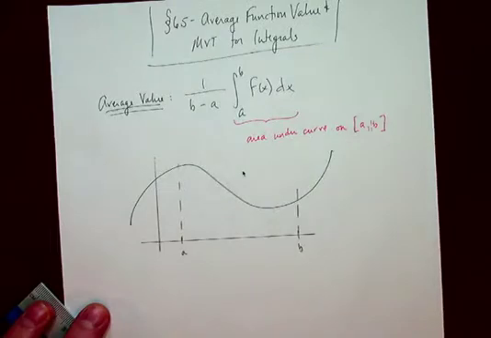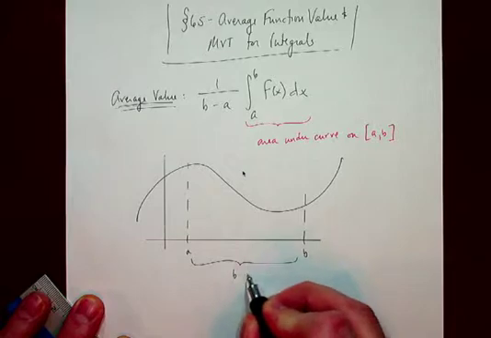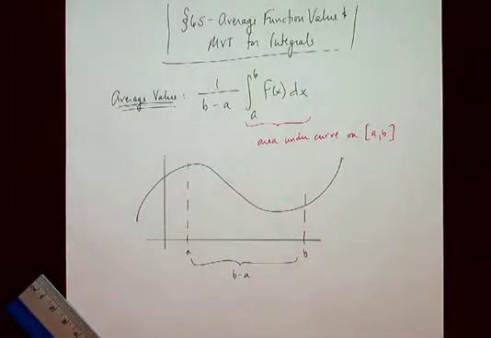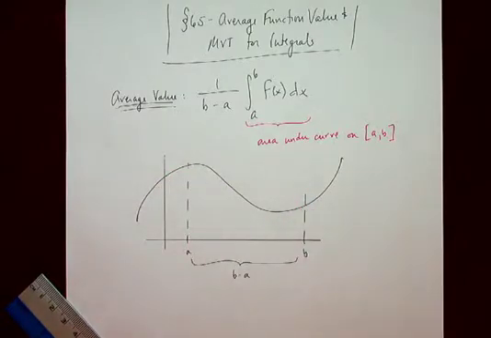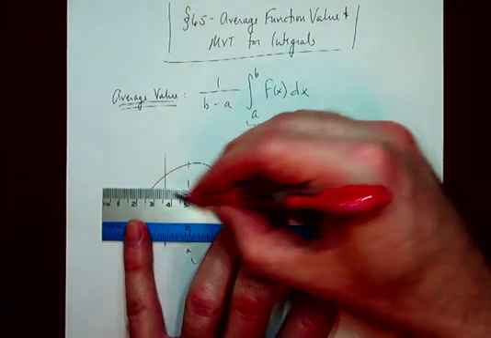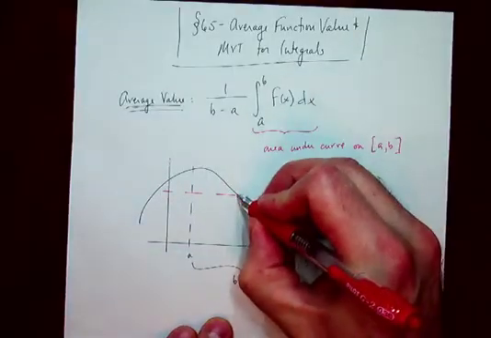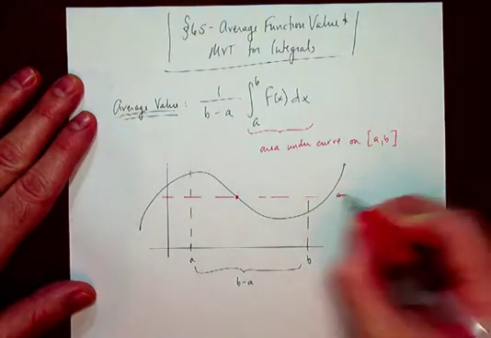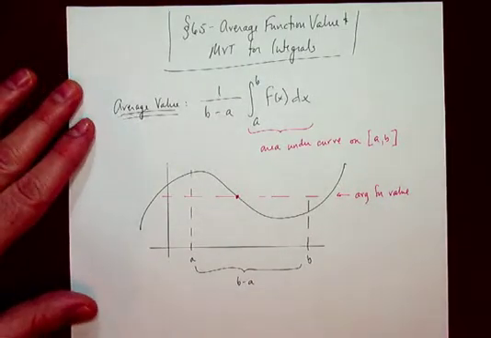And then what you're doing when you divide by the width of the interval is asking yourself the question, if this area was a rectangle instead of having a variable height, if it had a constant height, what would that height be? So you're taking the area and dividing through by the width in the hopes of finding that average function value.